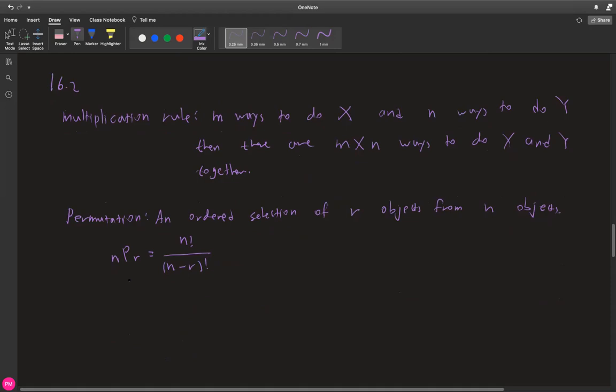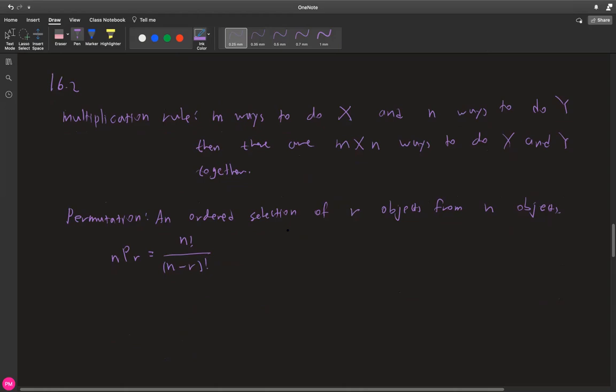So here, permutation, you can think about an example where we were doing the horse example, like out of 10 horses, how many different ways can we award the first, second, and third place, things like that.